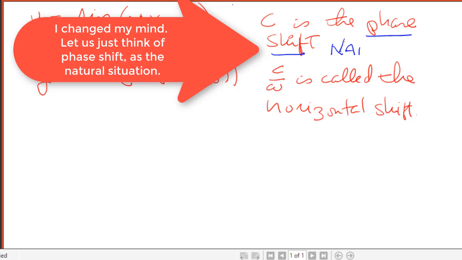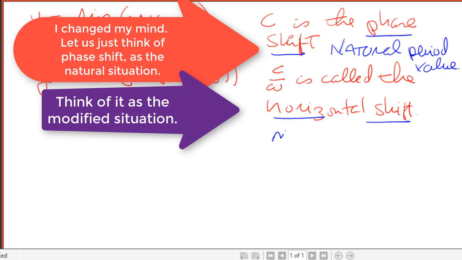Okay, you'll see what I mean by that in a second. Maybe I should call it natural period value. Ooh, I like that better. Much better. Well, the horizontal shift, I'm going to call the modified period value.